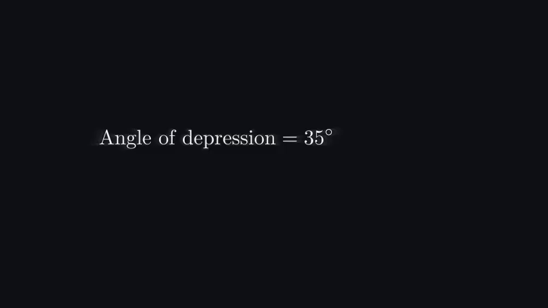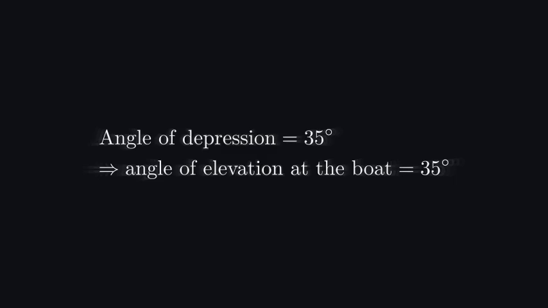Angle of depression equals 35 degrees, which implies the angle of elevation at the boat equals 35 degrees. Tan of 35 degrees equals x over 120.